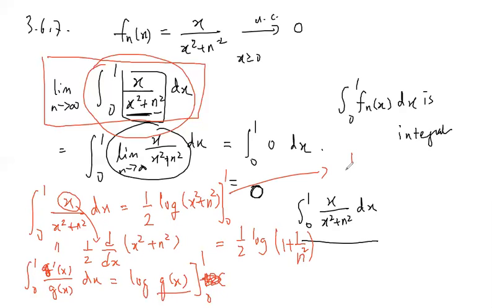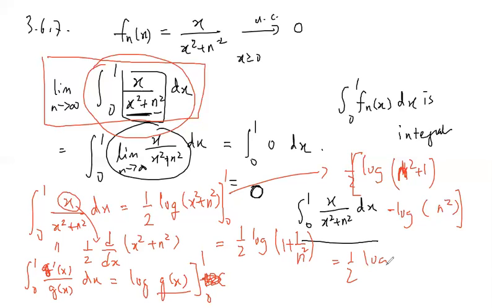Basically this is 1 over 2 log of x squared plus n squared, evaluated at 1 minus at 0, then minus log of n squared, which is 1 over 2 log of (n squared plus 1) over n squared.